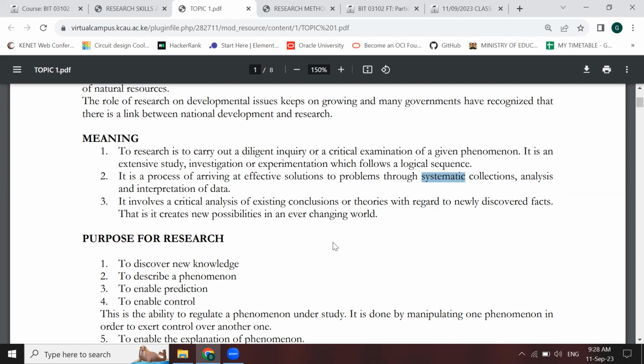Coherent manner means methodological, based on laid out procedures. It's not something that you can generate anyhow. There's a methodology: from problem identification, identifying that gap, setting some research questions, objectives, then a literature review, methodology, data collection.